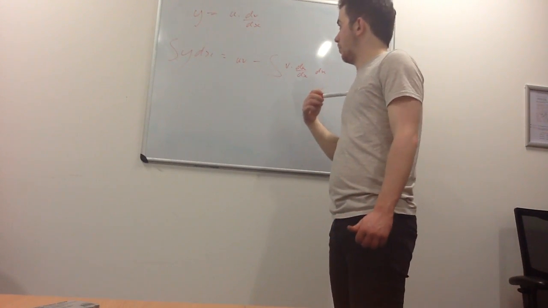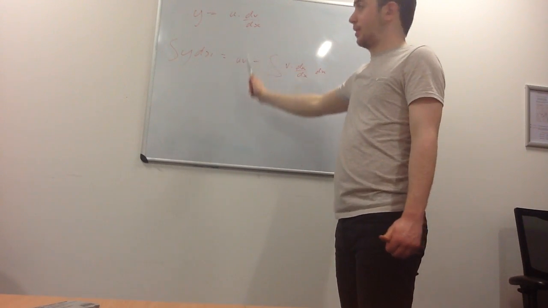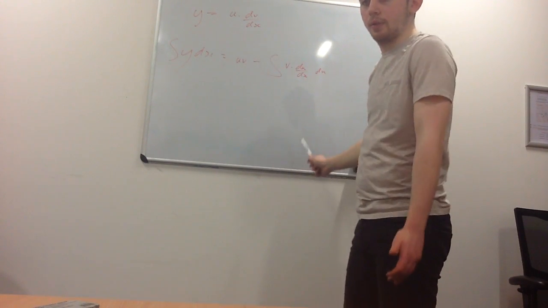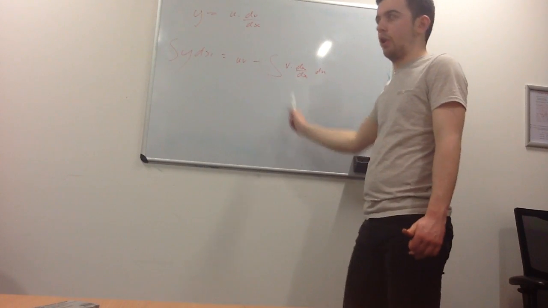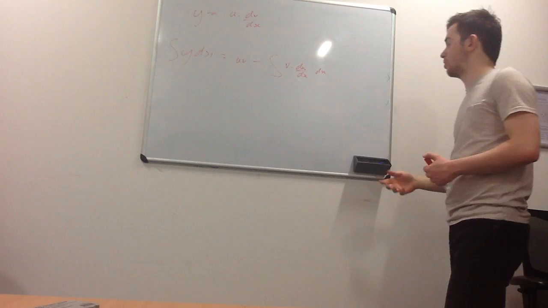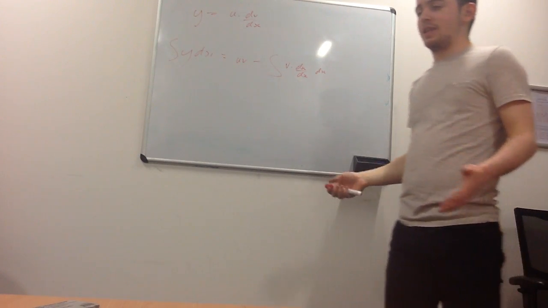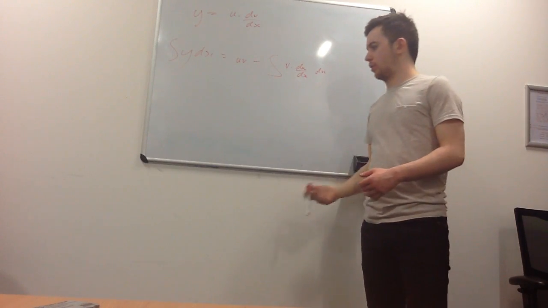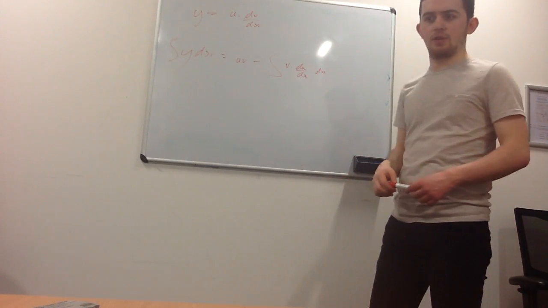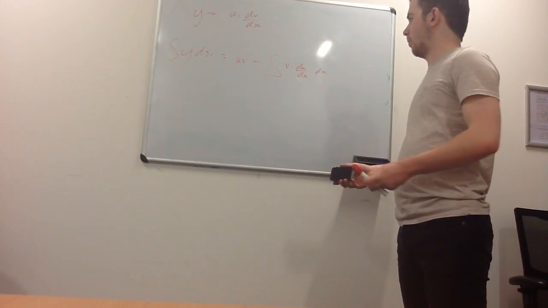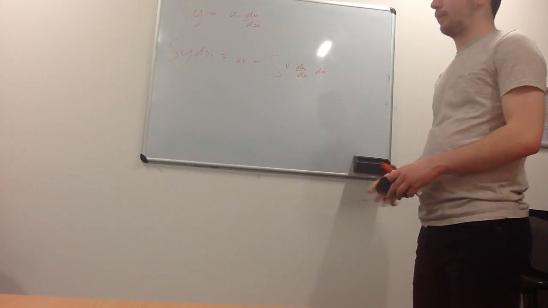So basically, how I remember this, I say to myself, well, it's got to be uv minus the integration of the opposite of that. And that's how it goes in my memory. However, it is in your formula book, so you don't actually need to remember it. And if you're not doing this under test conditions, you can look it up if you forget the formula, or just look at my video again. However, you should know these off by heart.